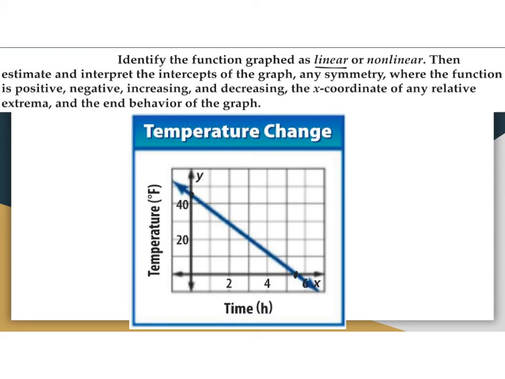There is no symmetry. Where the function is positive, we can see that it is positive until the x-intercept, and then it goes negative. It is always decreasing.